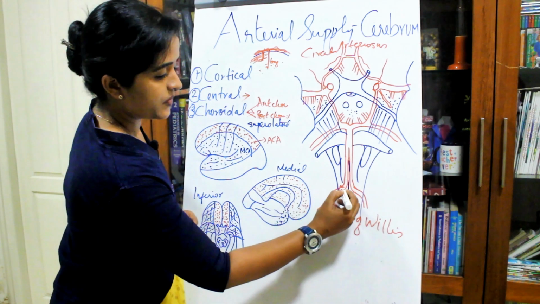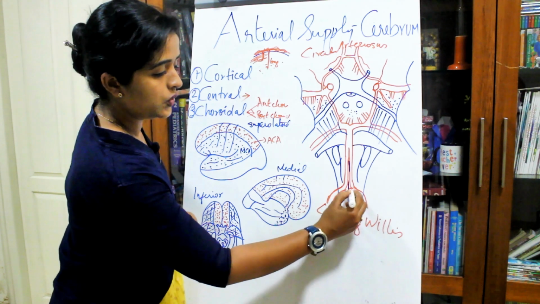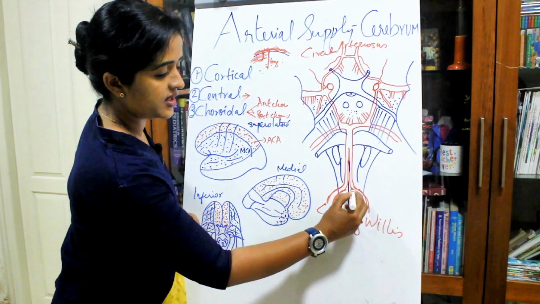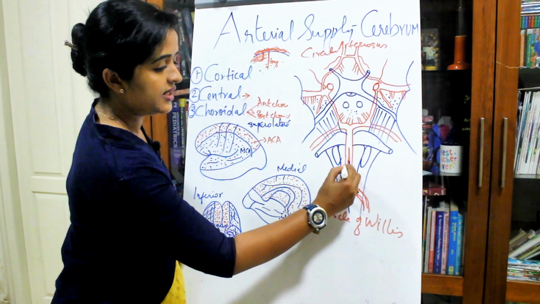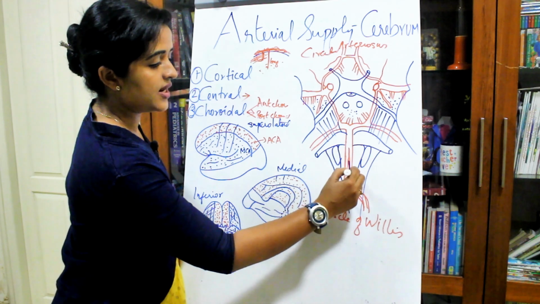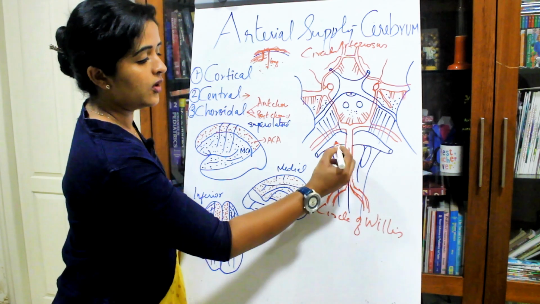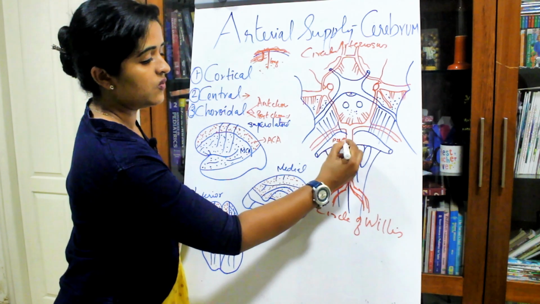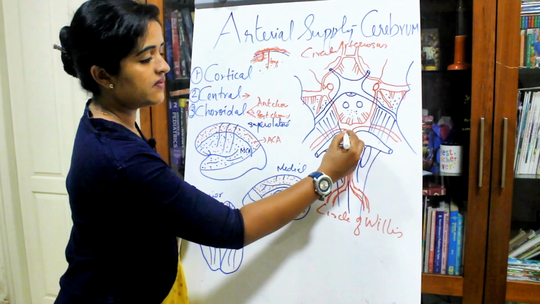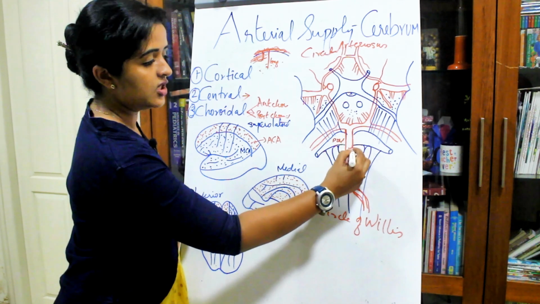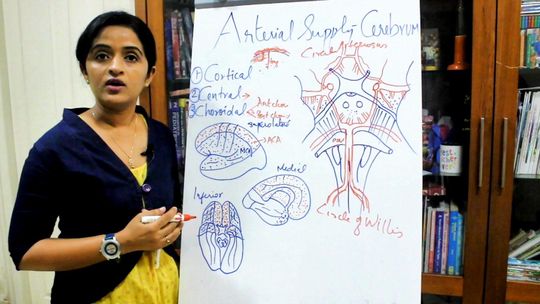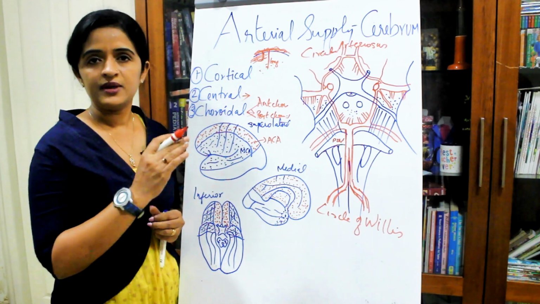These are the two vertebral arteries, right and left, and they ascend along the ventral aspect of the brainstem. When they reach the inferior border of the pons, they join together to form a single artery known as the basilar artery.